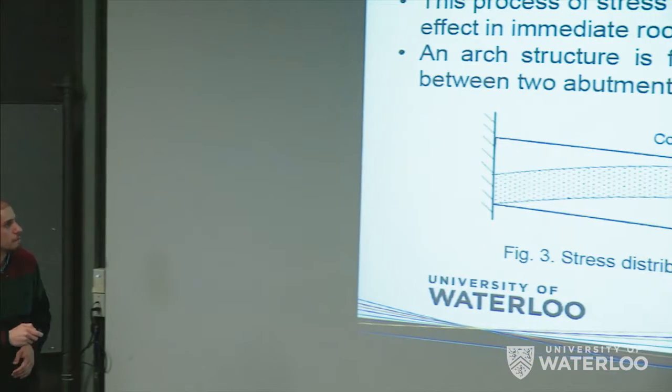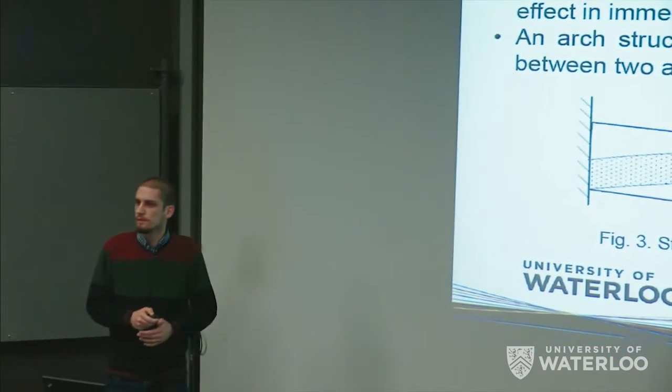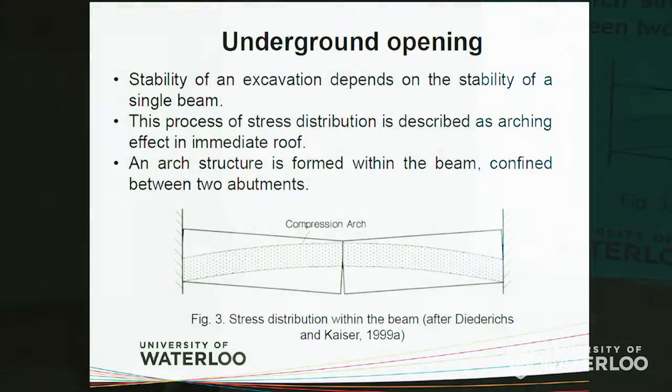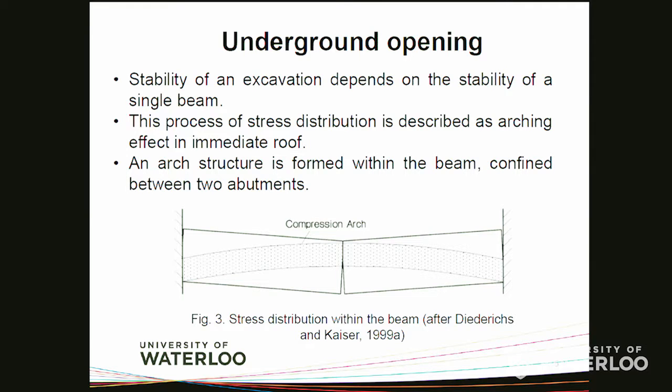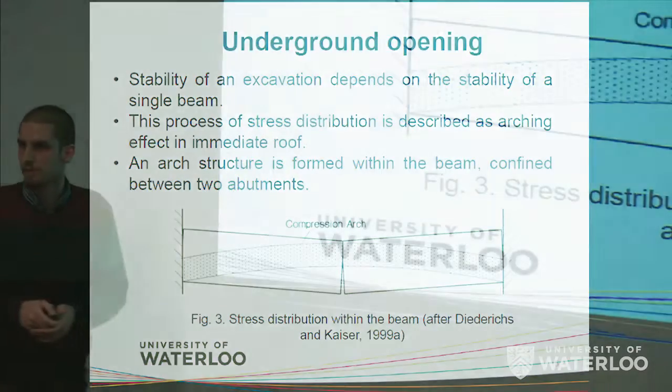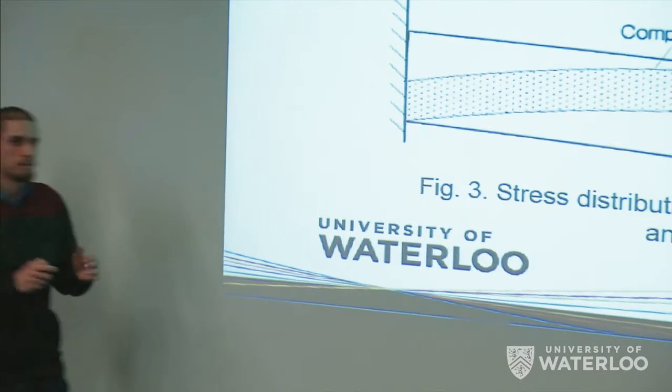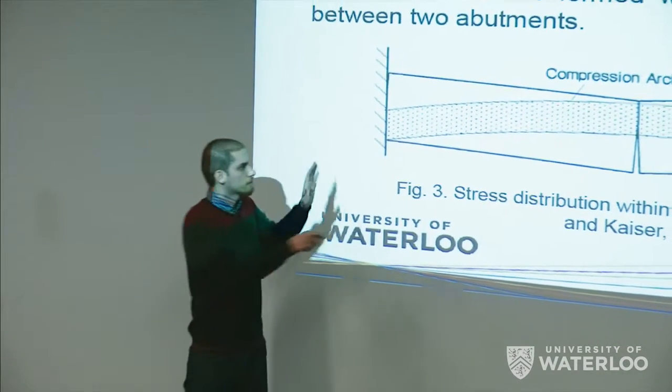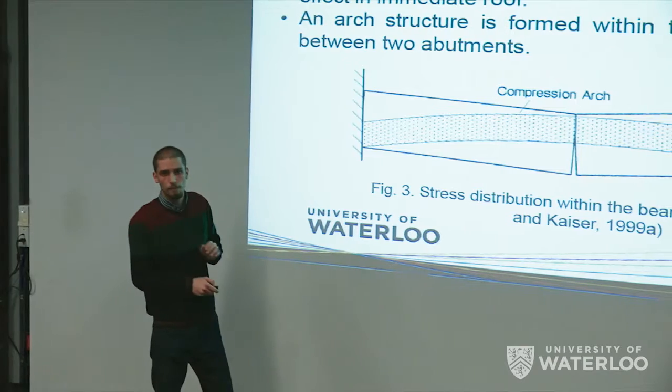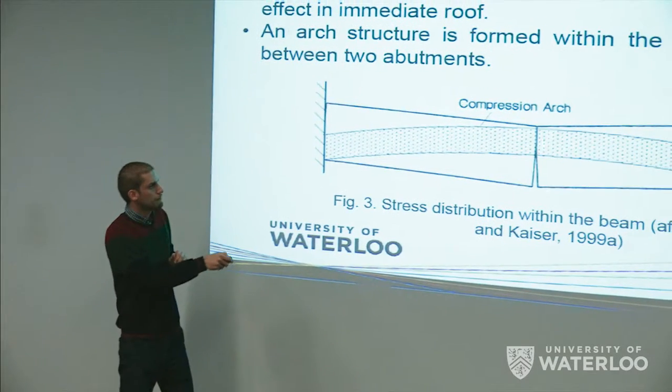Because of these joints, I can assume that these layers are composed of different blocks of rocks. And since these gravitational loads are transmitted laterally to the sides of the cavern, to the abutments of these layers, it looks like an arch shape within the beam. This shape over here, this is the distribution of the compressive stress within the beam. So I'm assuming that I have a roof layer composed of two blocks here and one joint at the middle, all right?